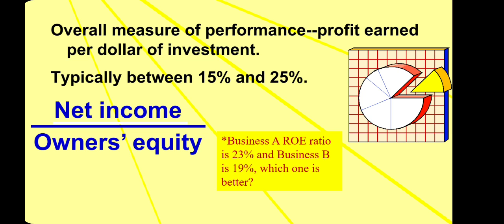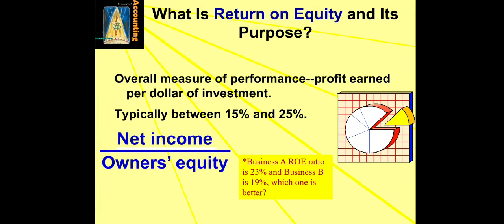So one thing about the ROE in accounting or in financial statement analysis, you remember this. See the second sentence in the slide. Typically, the ROE is between 15 and 25%. So remember this, if you want to invest in a business in the future, or you have to do financial statement analysis in the exam or in a test, for return on equity, a business is good if the ROE is between 15 to 25%.